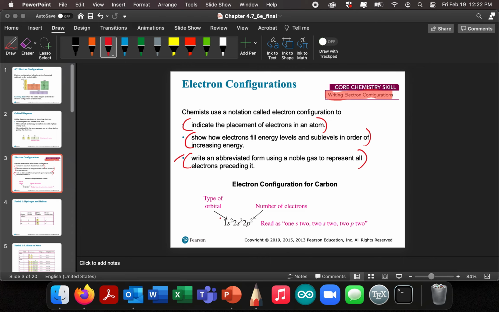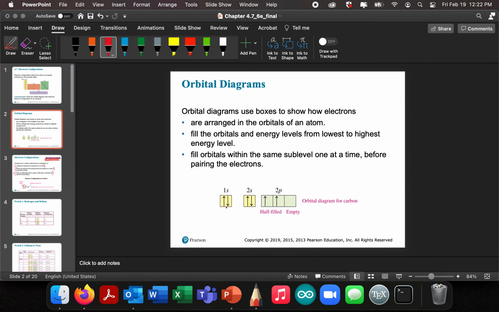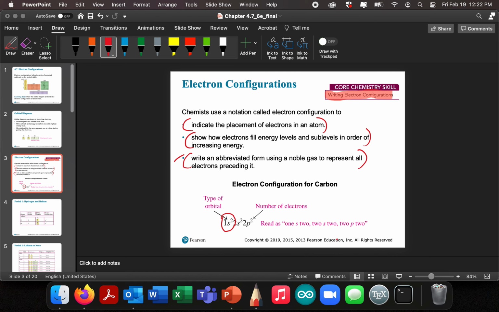And we would write that electronic configuration as 1s2, so there's 2 electrons in that 1s. This 2s has got 2 electrons, so we would say 2s2, and then there's 2 here, and we would say 2p2, and that's what we show here. All right, 1s2, 2s2, 2p2.